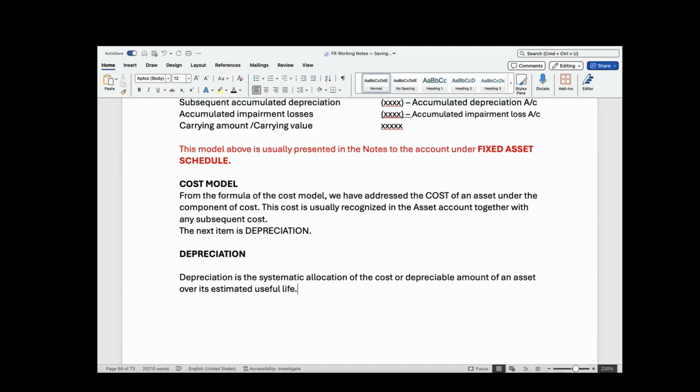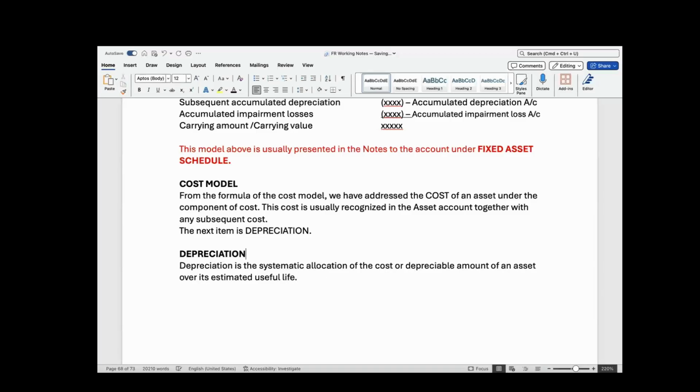So depreciation is the systematic allocation of the cost or depreciable amount of an asset over its estimated useful life. So I mentioned that depreciation is not reduction in the value.